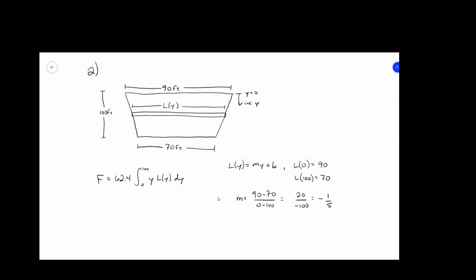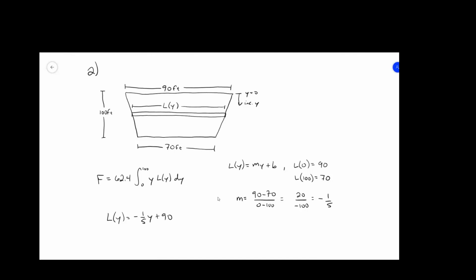And then also, if you remember about linear functions, if you know what L of 0 or whatever the variable is, if you know what f of 0 is, then that itself is the b value here. That is the b value, okay? So we don't even have to do any work for that. So that's telling us that our linear function in this case must be negative 1/5 y plus 90.